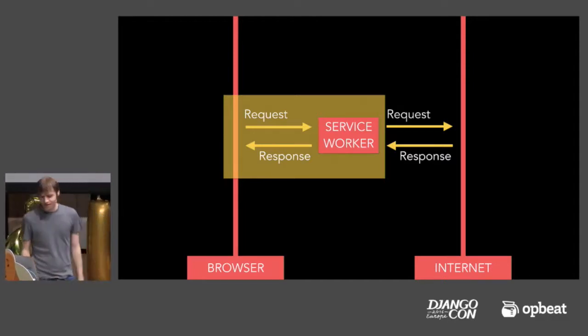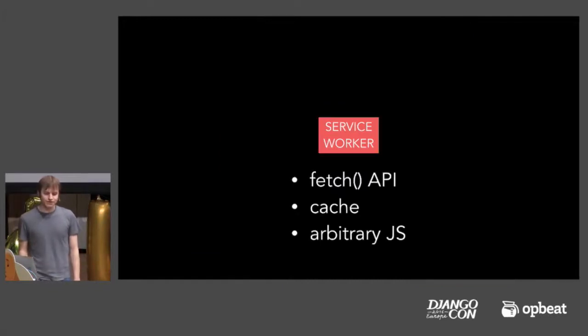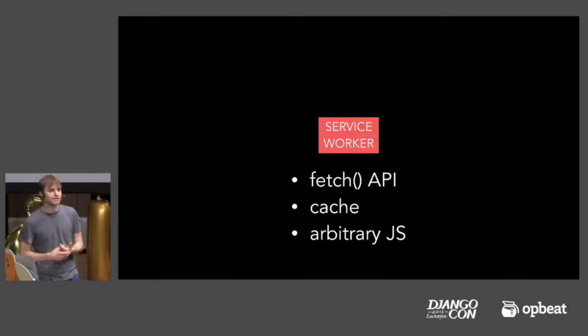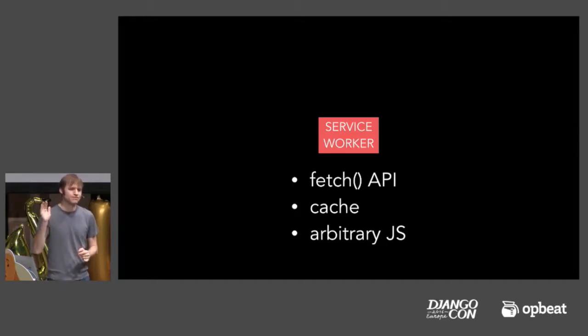So let's talk about what you can actually do. A service worker has basically three bits of functionality, though it has some more, but the three core ones are an ability to make requests to the web. That's called the Fetch API, which is a JavaScript API. It's actually available in just vanilla JavaScript in your web pages if your browser is new enough, but fortunately, all browsers that are new enough to support Service Worker support Fetch.